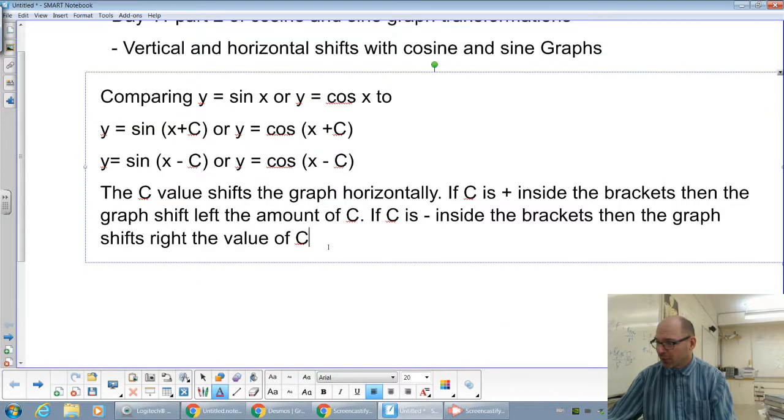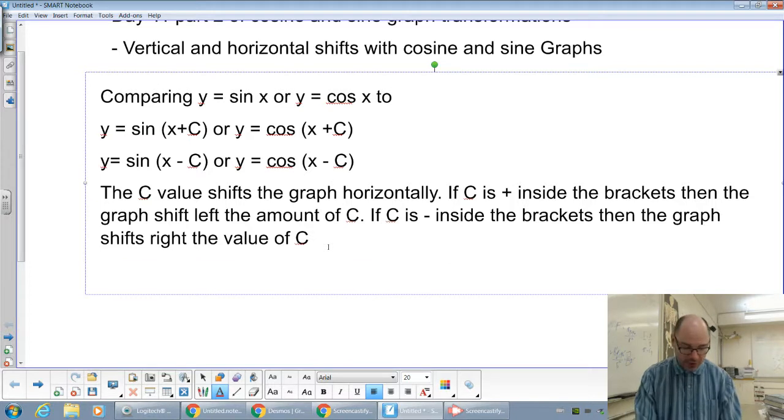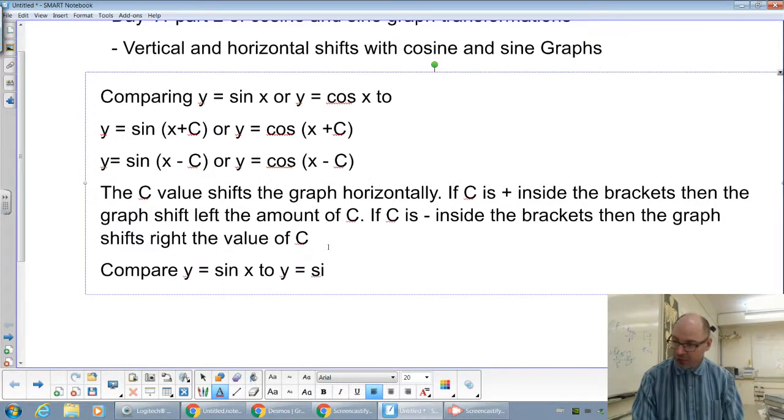So we're going to compare here next. We're going to compare y equals sine x to y equals sine x plus 1. We'll call D, or y equals sine x minus D. Sorry, let's keep it sine.